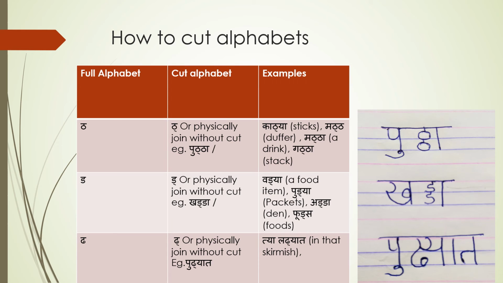The third one is also a special case where the Y is attached to Dh to indicate that Dh is half. So when you attach the letters to each other without modifying that letter, it could also mean the first letter is to be used only as a half letter. So example is Pudhyat.